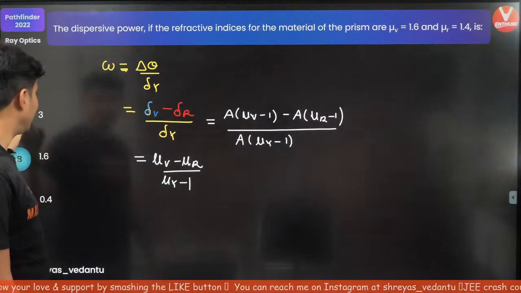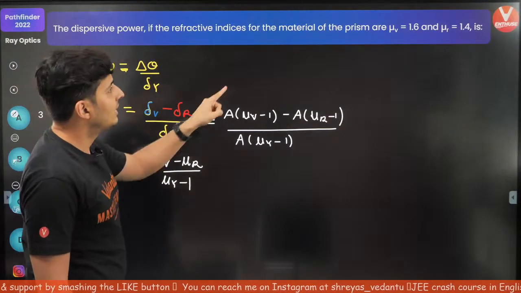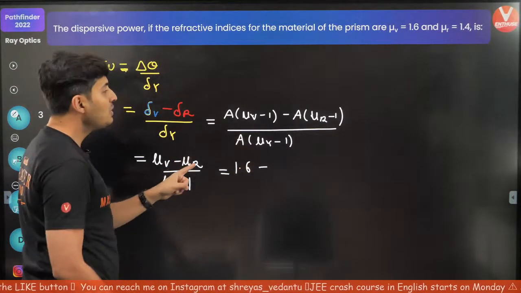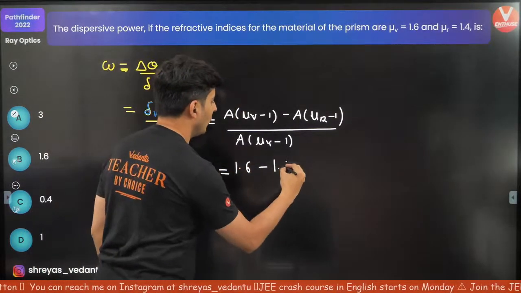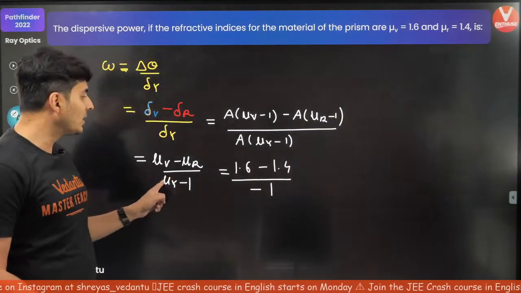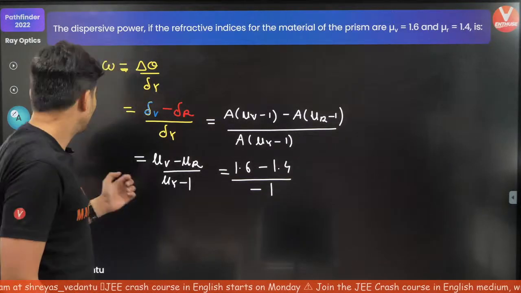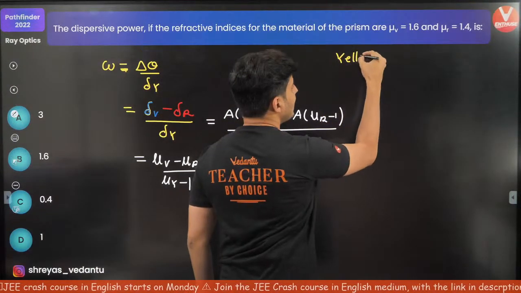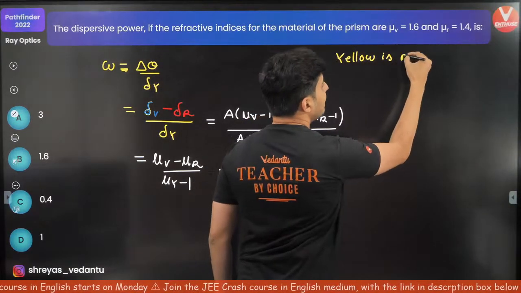Now let's start putting the values. Is mu violet given? Yes, it is 1.6. Mu red is 1.4. But the problem is, what is the value of mu yellow? It's not given. So remember one thing, yellow is always the mean color.